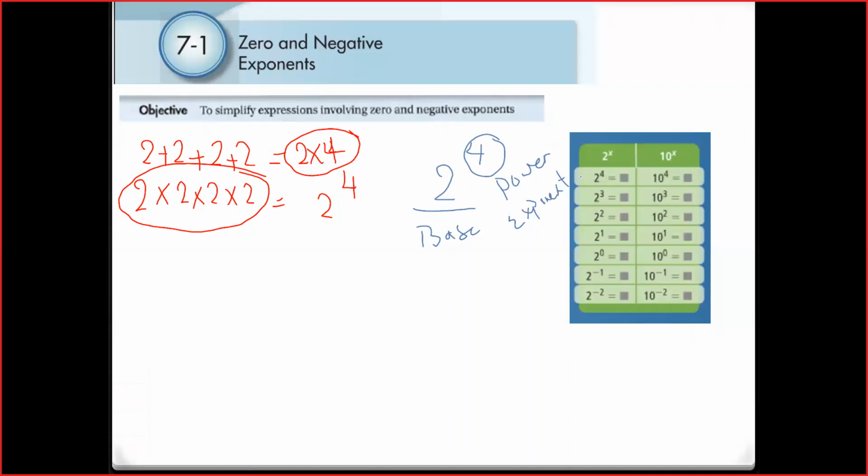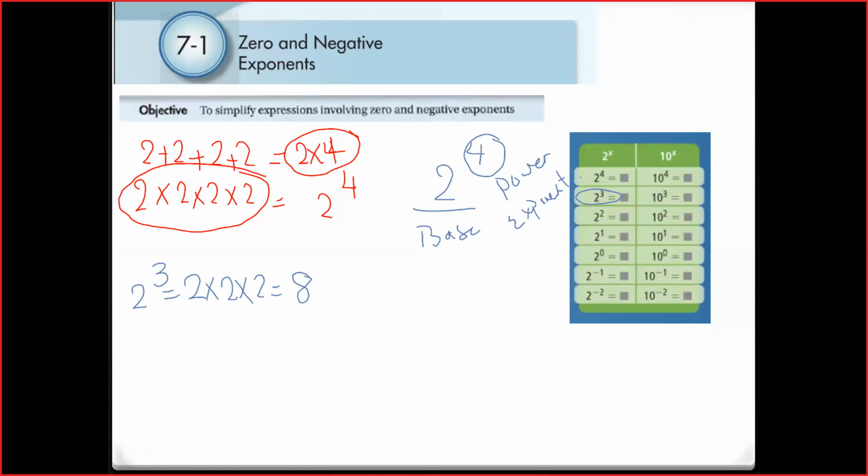Now, how can we find 2 to the power 3 as an example? 2 times 2 is 4. 4 times 2 is 8.